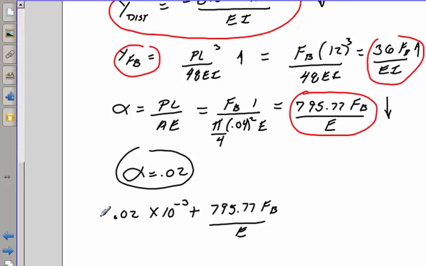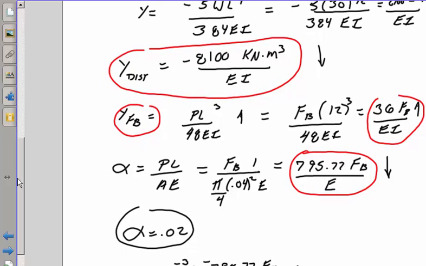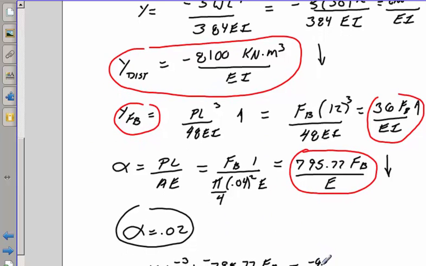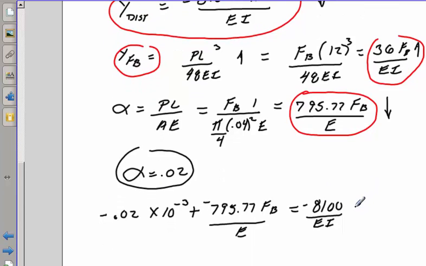Okay, we're going to make that a negative deflection, and that must be equal to the total here, which will be minus 8100 over EI, and then plus this one here, which is going to be 36 FB over EI.